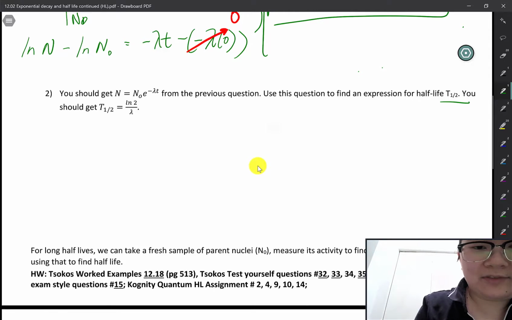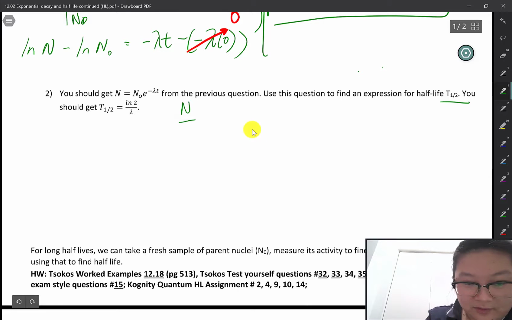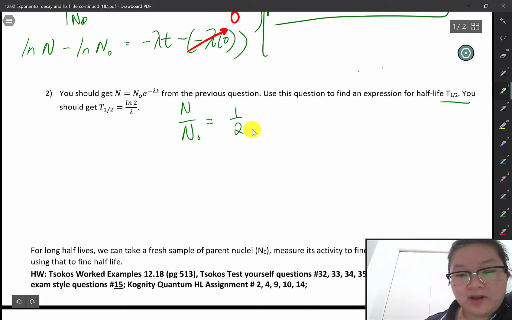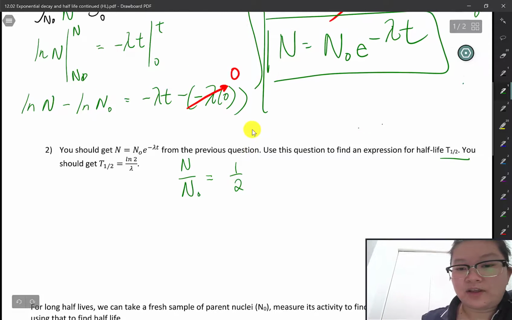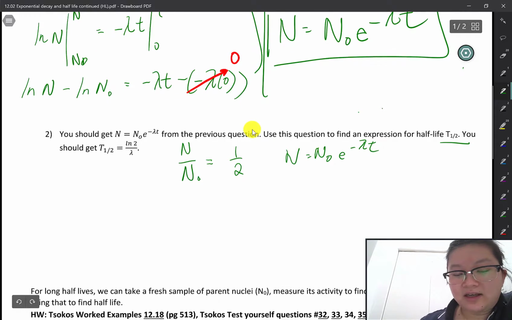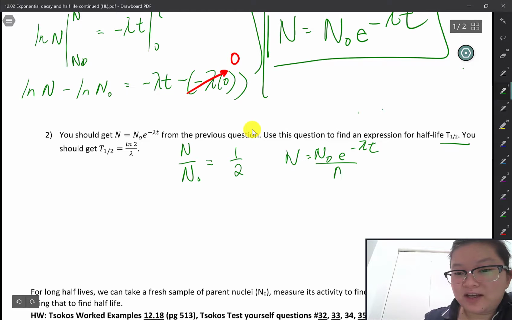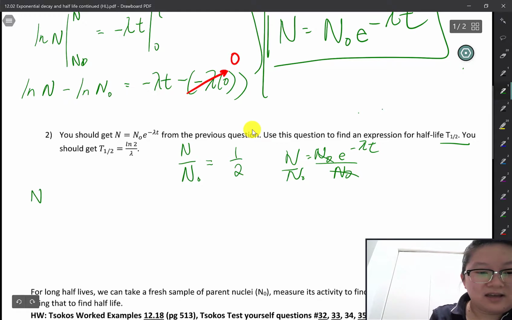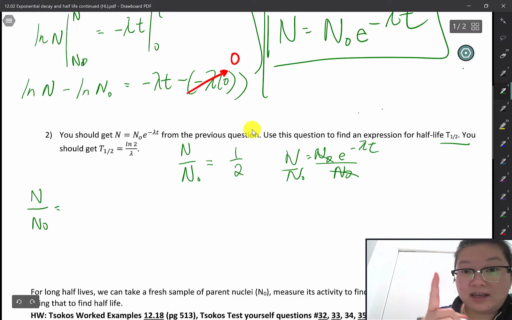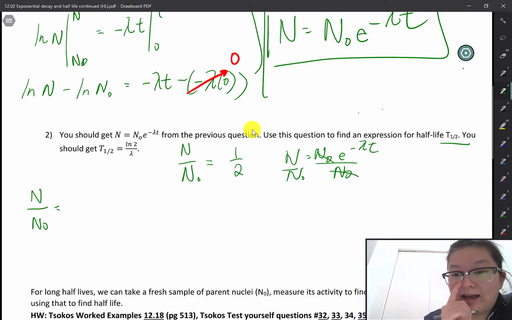We also know that for half-life, the fraction between the number of parent nuclei and the original number before the decay is exactly half. So when we look at this equation, N equals N naught e to the negative lambda t, if we divide both sides by N naught, we get N over N naught, and that's going to be a half for half-life.